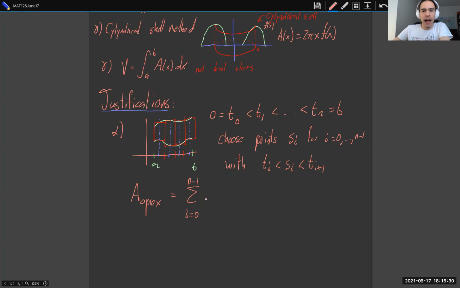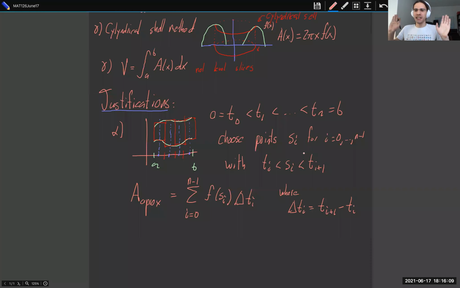And then I'm going to take the height f of S sub I, and I'm going to multiply it by delta t sub I, where delta t sub I is t sub I plus 1 minus t sub I. So it's the difference between successive things. So this is the approximate area, right? If I choose some points, I get an approximation.